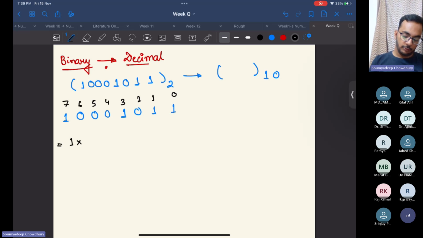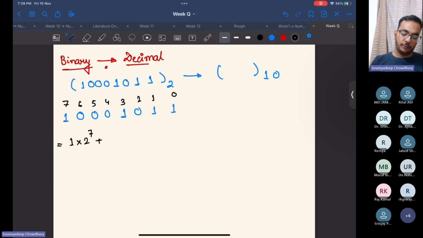Every digit is multiplied by a power of 2. The seventh digit here is 1, so it is 1 into 2 power 7. Why 2? Because the base of a binary number is always 2, since there are two digits in binary. Whereas there are 10 digits in the decimal number, so the base of any decimal number is always 10. Zeros we don't need to consider, right?